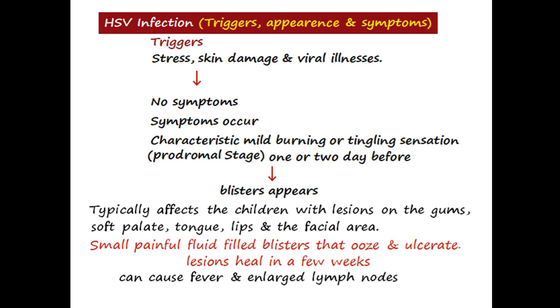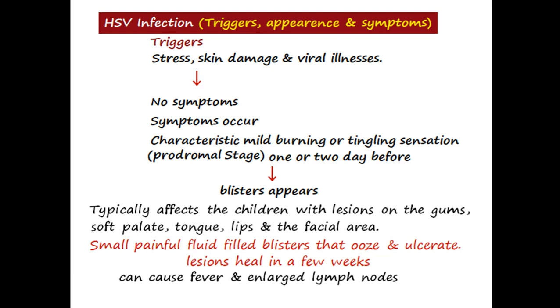And this is a very important stage known as the prodromal stage. Why is it important? Because we can easily treat patients in this condition, and in this condition the spread of the virus from the infected persons to the healthy ones is comparatively less. And these prodromal symptoms, which are the mild burning or tingling sensation, are felt by the patient 1 or 2 days before the appearance of the blisters.